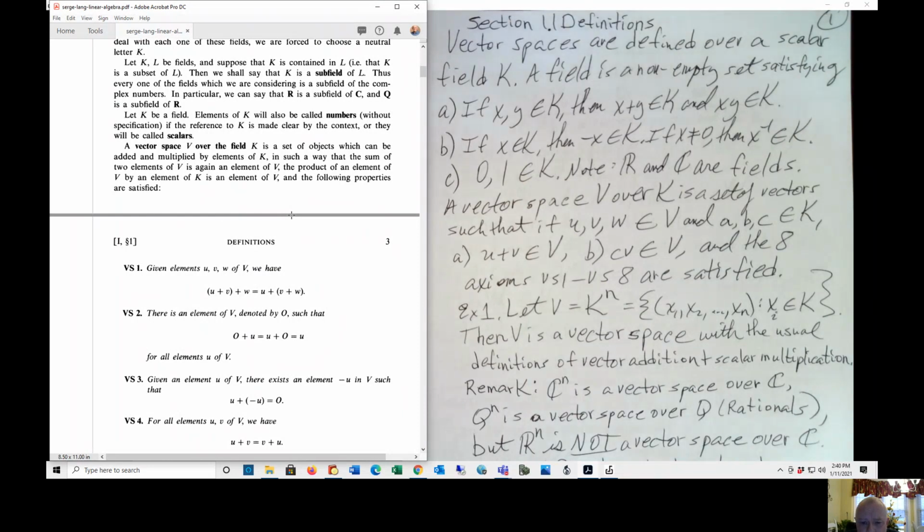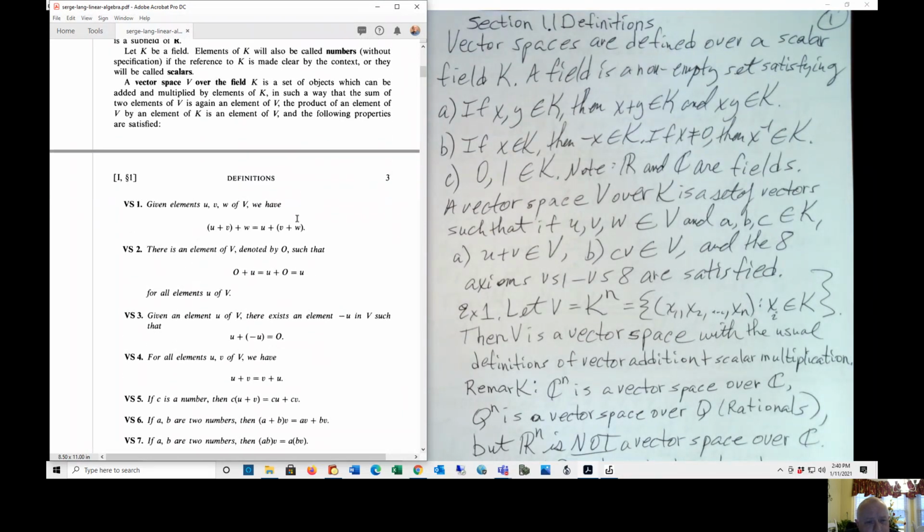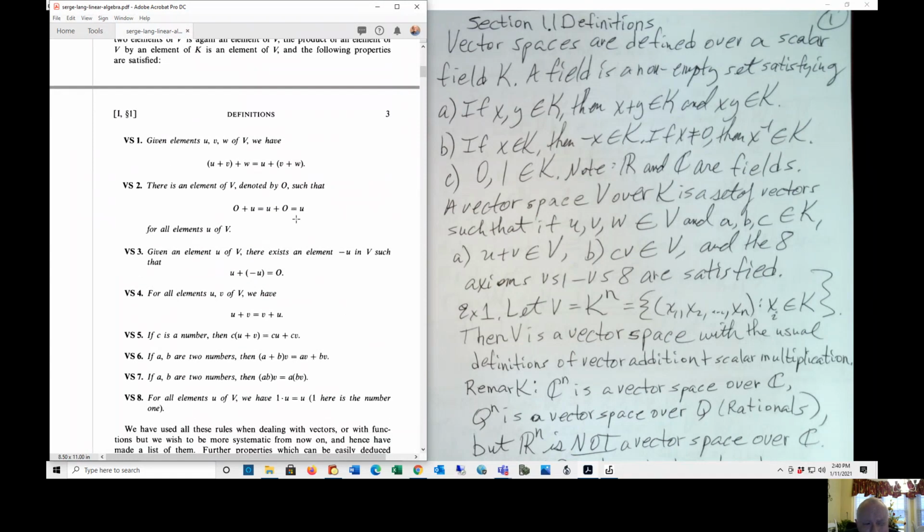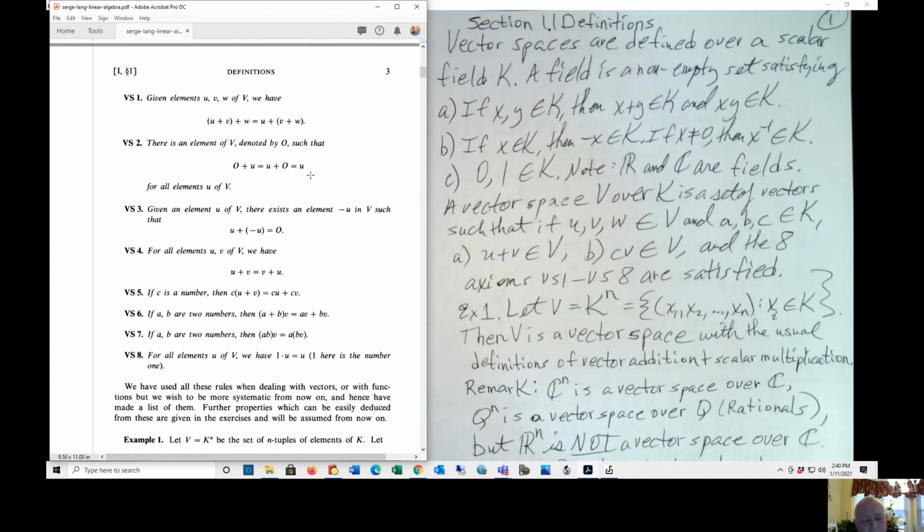Now, those closure axioms also necessarily mean that what we call the zero vector is also in the vector space. Now, with those two closure axioms come the 8 axioms found on page 3, VS1 through VS8.